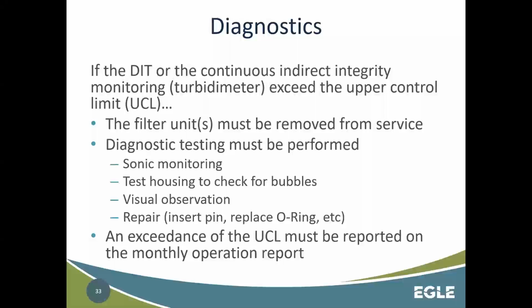However, it can be detected by sonic testing or certain bubble tests or other methods. And so if there's a failed direct integrity test, the system needs to be shut down, and you need to do diagnostics on it.